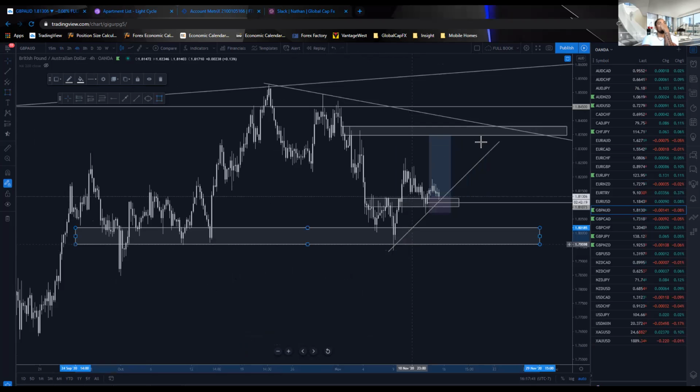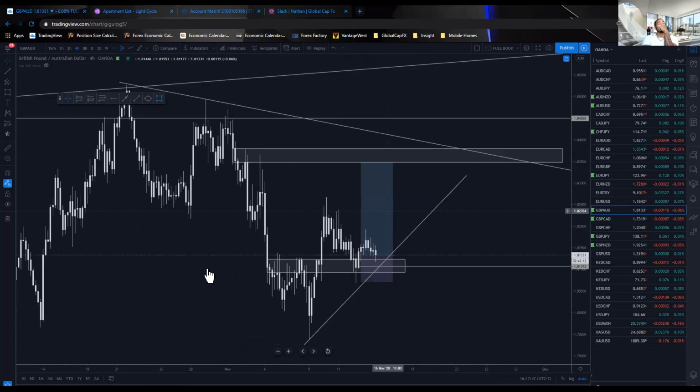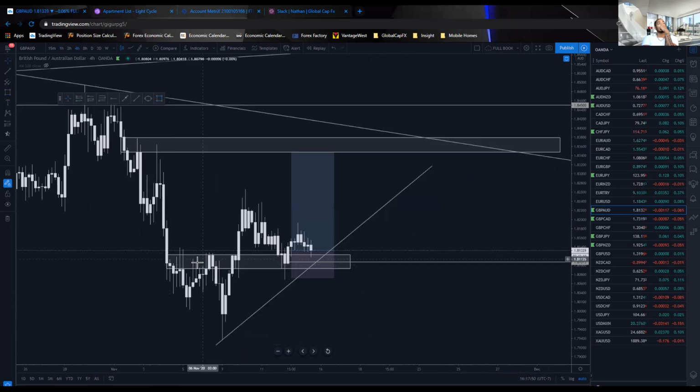I'm going to delete a lot of this other nonsense. So this horizontal level, I'm really taking into consideration as a ceiling that is now a support, and the reason why is not just the wicks, but also the rejection candles taking place within the zone.